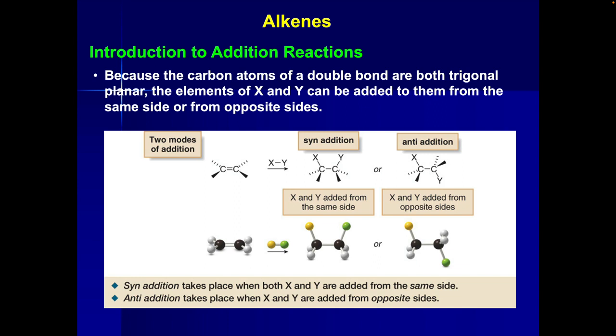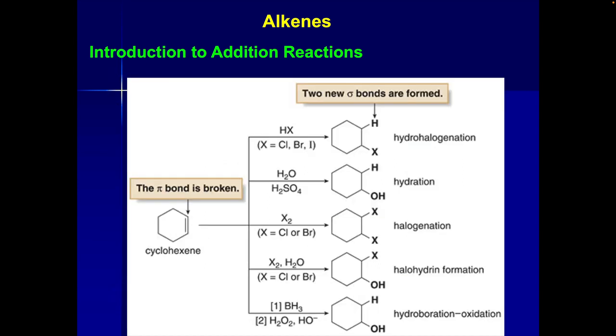So we can have syn addition and we can have anti-addition. For the purposes of exam 1, we're going to limit exam 1 to this set of reactions. You need to know these reactions.